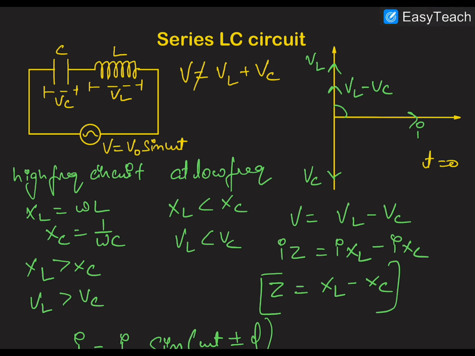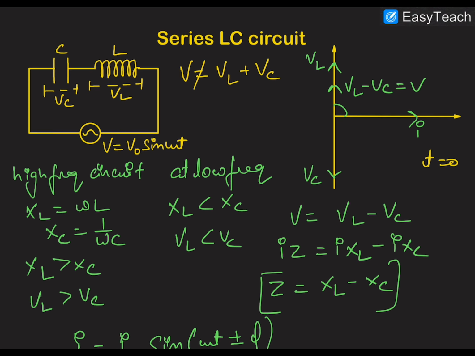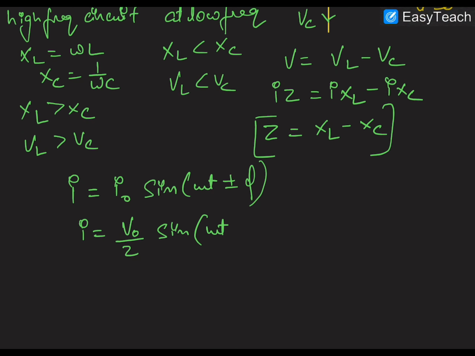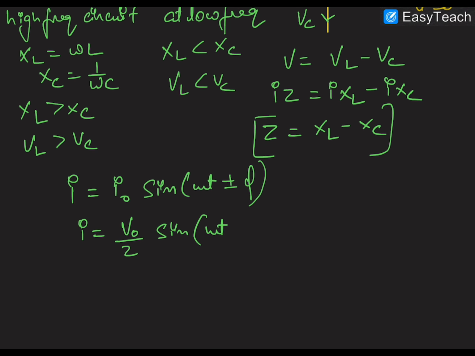As you can see, the net voltage is ahead of current by a phase of pi by 2, and we know that the phase of net voltage is omega t. So the phase of current will be omega t minus pi by 2.